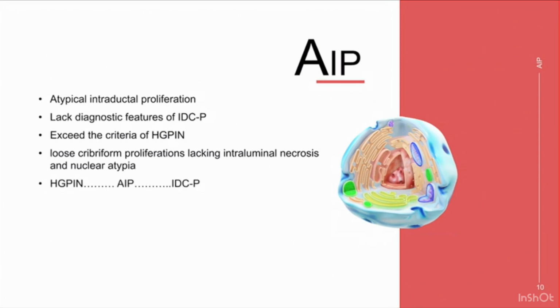As I said, the chronology goes like this: first high-grade prostatic intraepithelial neoplasia, then AIP, and then intraductal carcinoma of the prostate.